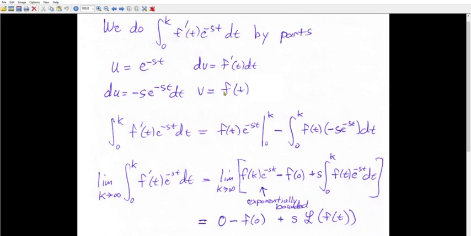So v is f of t, du is minus s e to the minus st dt. So our integral becomes uv, which is f of t e to the minus st, minus the integral of v du, which is f of t times minus s e to the minus st dt.